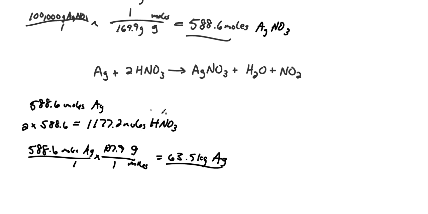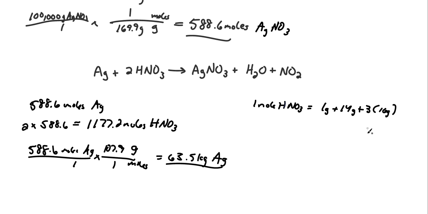Now let's take a look at our nitrate, or nitric acid. So we have to know how much 1 mole of nitric acid is. 1 mole of HNO3 equals, well, we got 1 mole of hydrogen, that's 1 gram, plus 1 mole of nitrogen, which is 14 grams, looking at its atomic mass, plus 3 times a mole of oxygen, which is 16 grams.